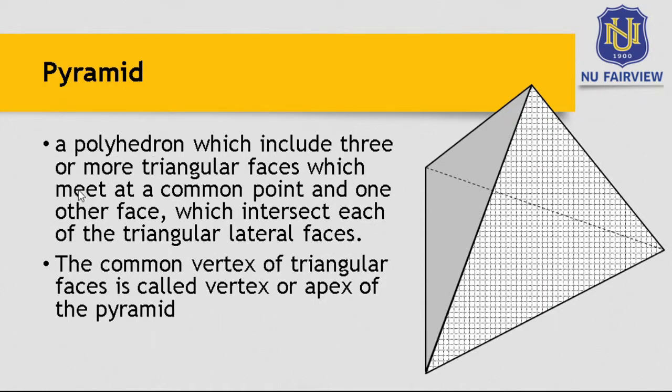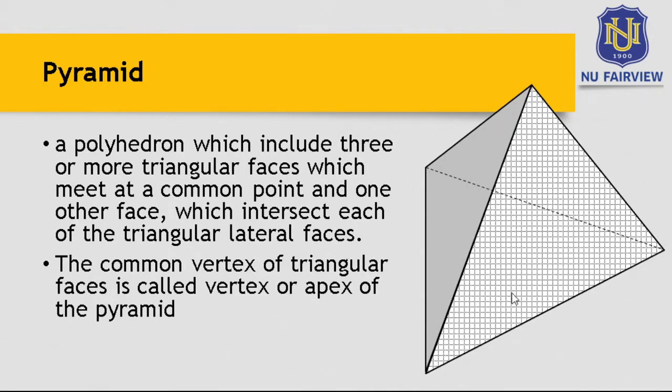So, alam niyo naman, kapag polyhedron, ito ay three-dimensional shape na meron siyang three or more triangular lateral faces, as you can see here, na nagmi-meet siya at a common point. We call that yung sa Tagalog ay tuktok or yung apex naman sa solid mensuration term. So, they meet at the apex dito sa taas and one other face.